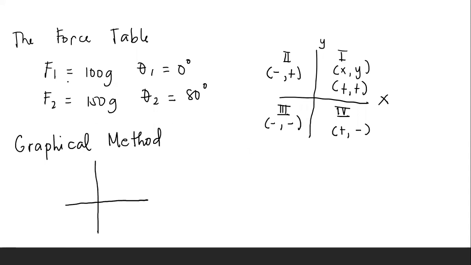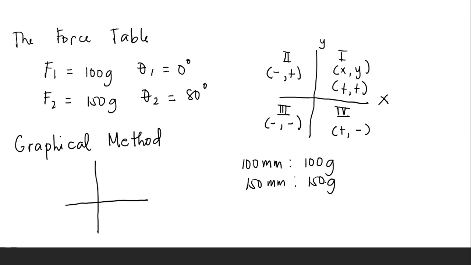We cannot use the ruler using the units in gram. Therefore, we have 100 millimeters is to 100 grams. This one is not the conversion. It's just a ratio assumption so that we can solve for the value of your resultant. Then, 150 millimeters is to 150 grams.